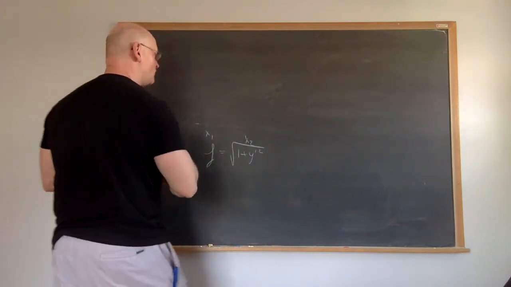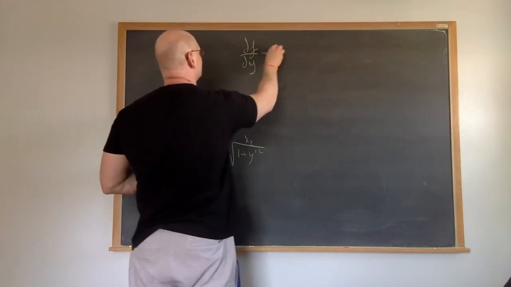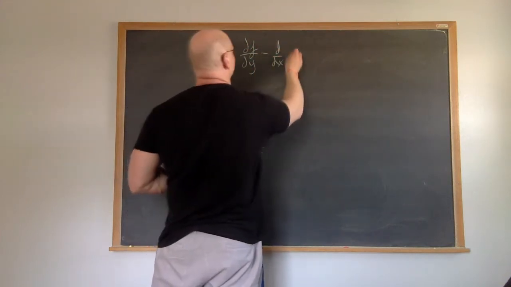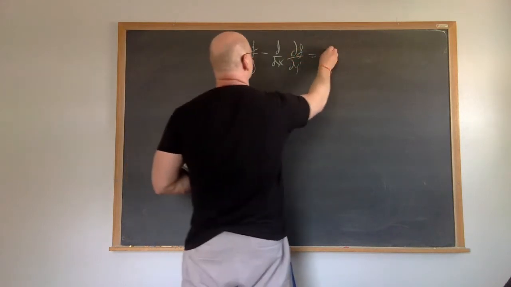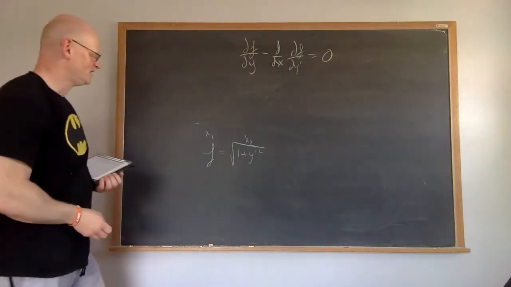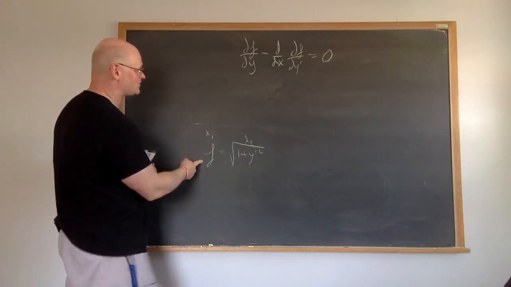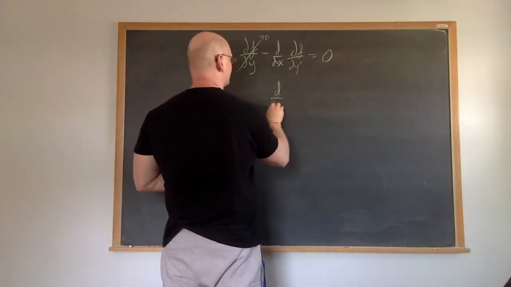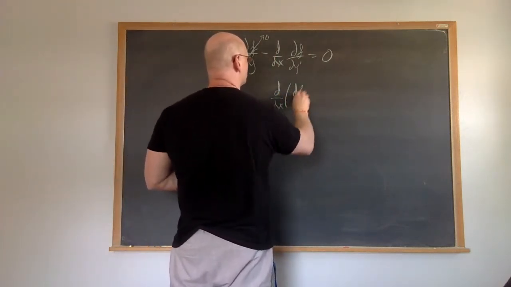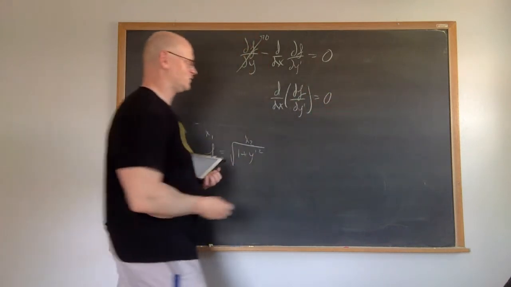So let's do that. The Euler equation says that the partial of f with respect to y minus d/dx of the partial of f with respect to y prime must be equal to 0. Now here, f doesn't depend explicitly on y, so that derivative is simply equal to 0. So from here, d/dx of the partial of f with respect to y prime must simply be equal to 0.